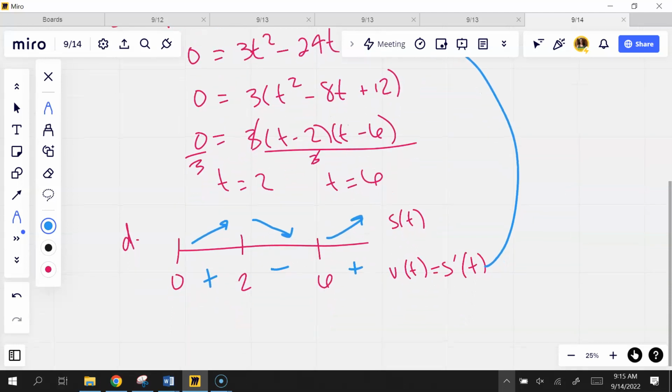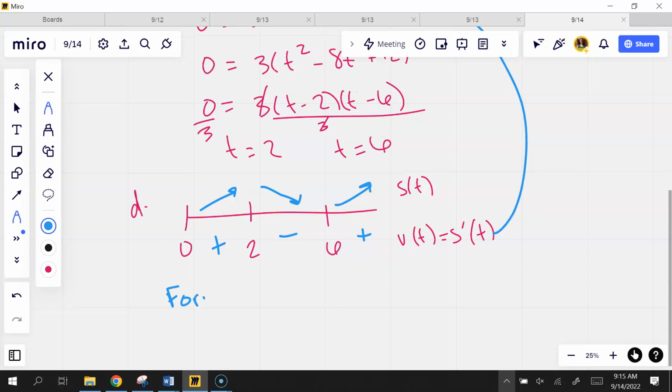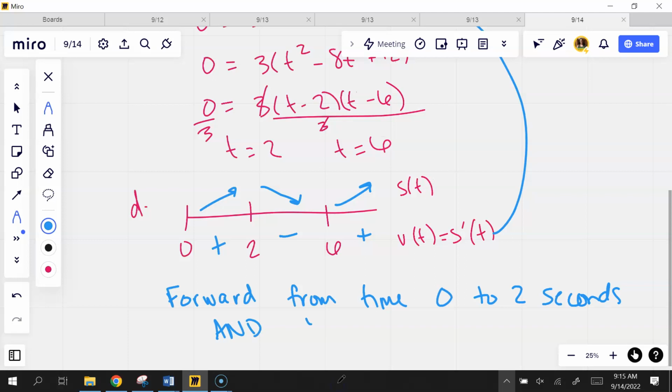So the question asked me, when is the particle moving forward? I am moving forward from time 0 to 2 seconds and from time 6 seconds on, or forever or continuing.